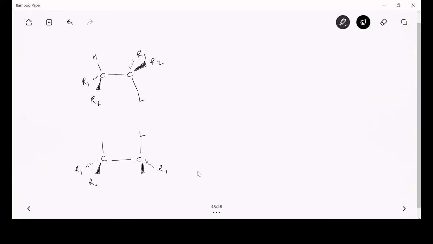Here is the proton. Now, these two conformations are possible.